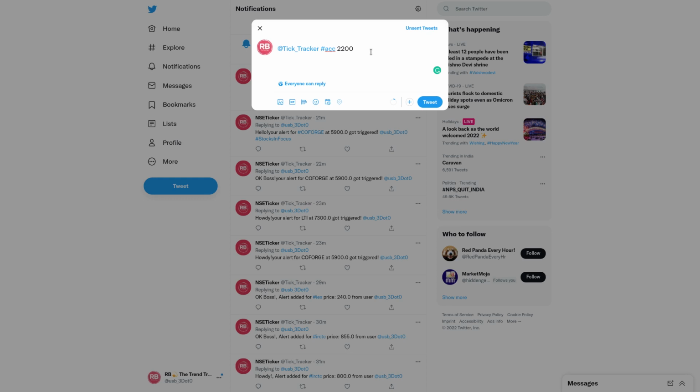If you get this alert in the morning of the next day's trading, it will help you in keeping this stock on your radar, because if you have added this price, it means that you are very much interested either in buying it for the long term, or maybe you want to do some investment, or you want to do some swing trade, or it might very well be that you want to sell it.